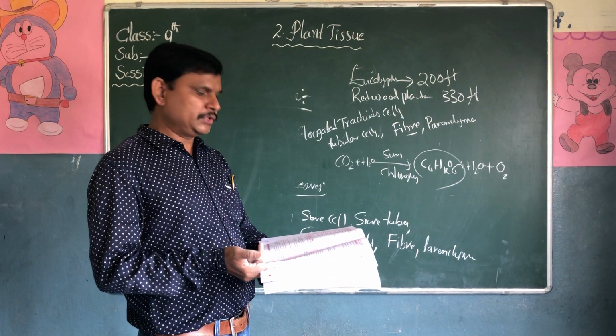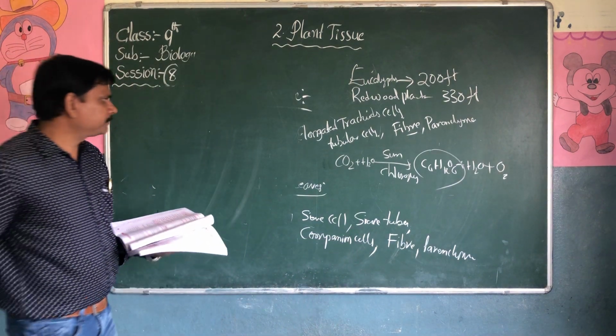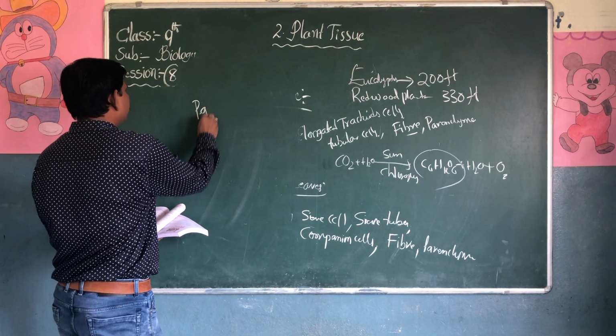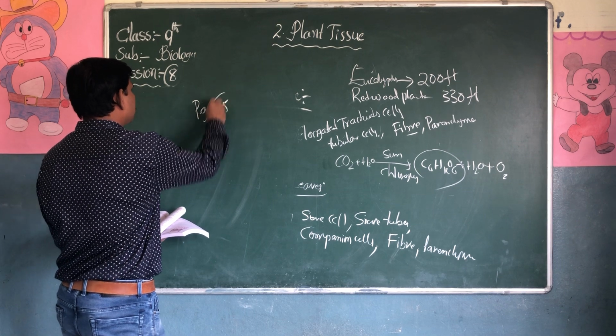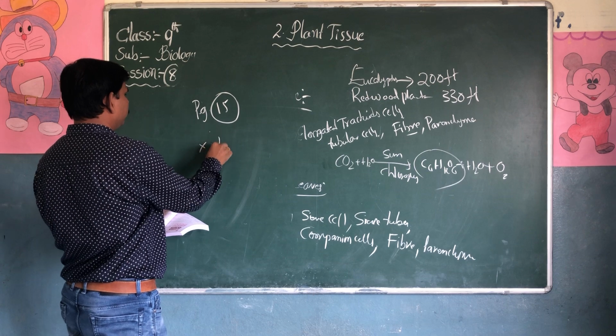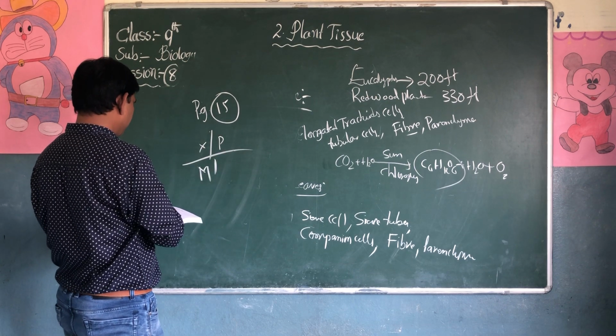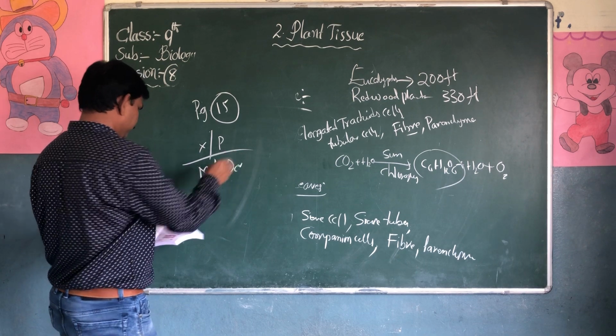Page number 15. Questions: differences between xylem and phloem, meristematic tissue and dermal tissue.